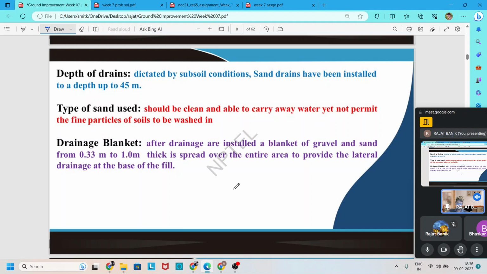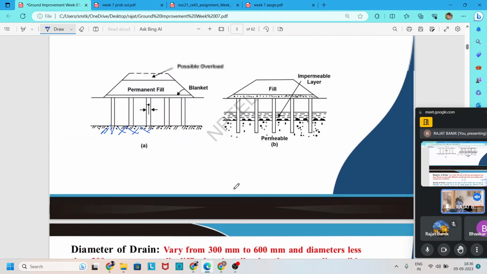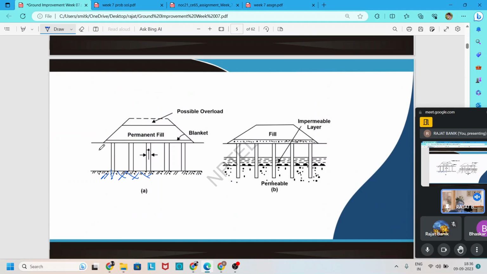In the next point, regarding the drainage blanket. If you see our previous figures, we apply the pre-consolidation technique along with the vertical drain. In the pre-consolidation technique, we apply some loads, which are called preloads. In between the vertical drains and preloads, a small layer is constructed to drain the water in the lateral direction.